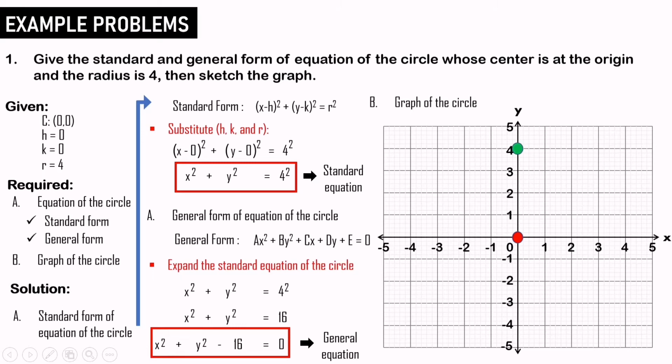So naa diri. Paubos upat pod, 1, 2, 3, 4 naa diri. On the left 1, 2, 3, 4. On the right 1, 2, 3, 4. And then we connect the points. Okay, drawing the circle. So this is the graph of the circle whose center is at the origin and has a radius of 4.